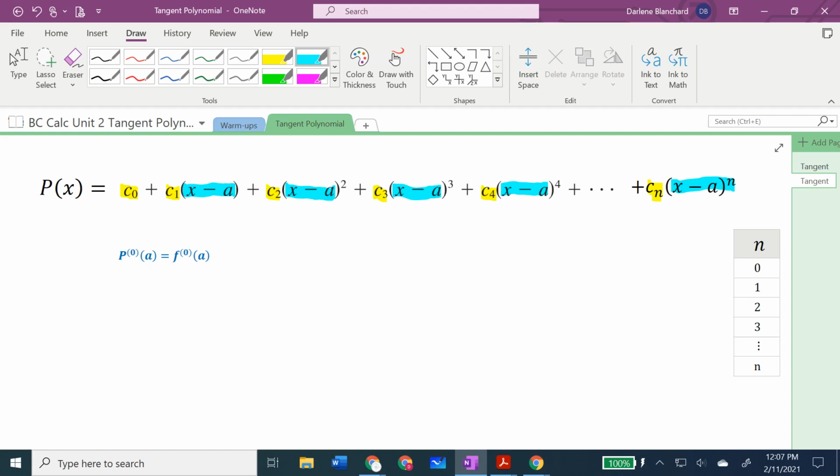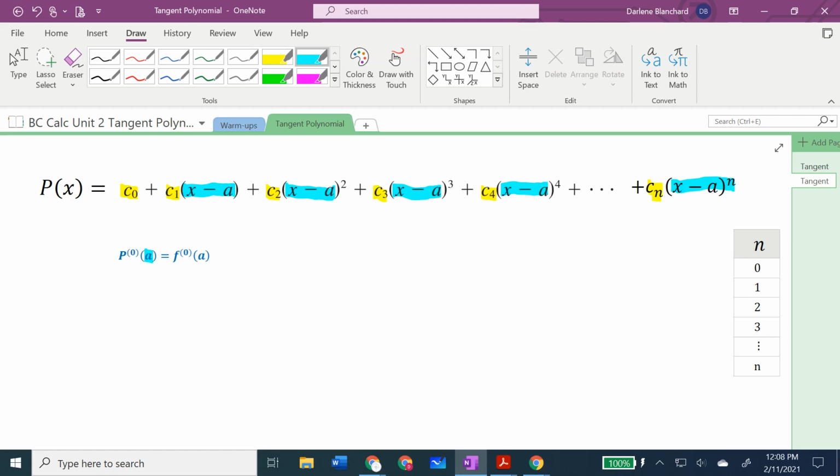I'm going to have to plug A into each of these functions. Yep, similar to point slope. And if you think about what having an x minus a in an equation does to a graph, it centers it at A. It moves horizontally where your center is.